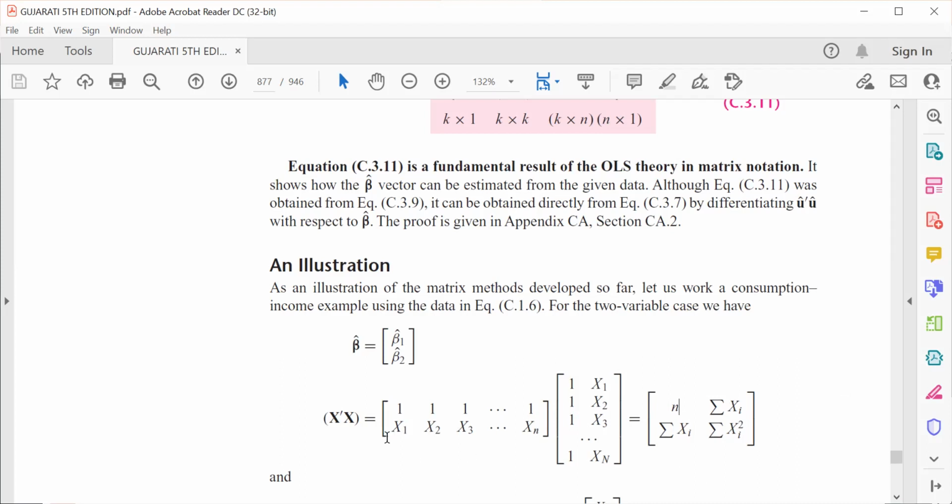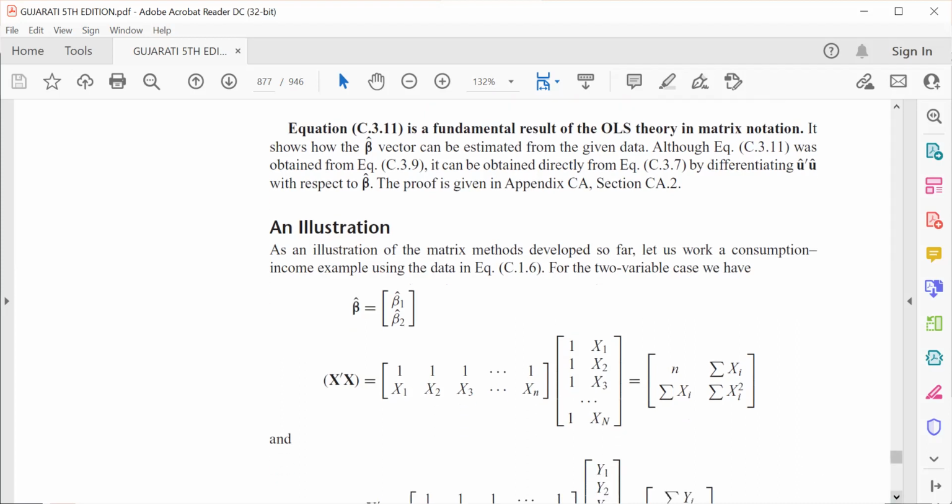Here we multiply the same thing: x1 by 1, x2 with 1, x3 with 1, until xn with 1, and we get sigma x. And the last one in X prime X is x1 times x1 plus x2 times x2 until xn times xn. This means we get sigma x squared.